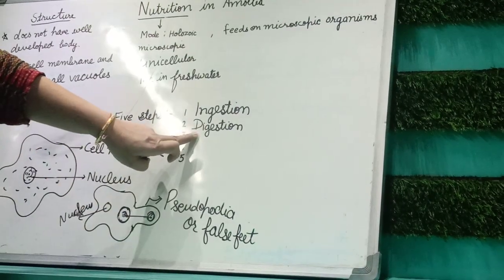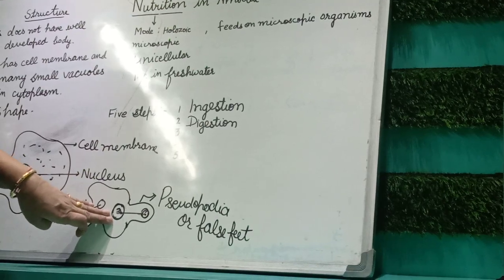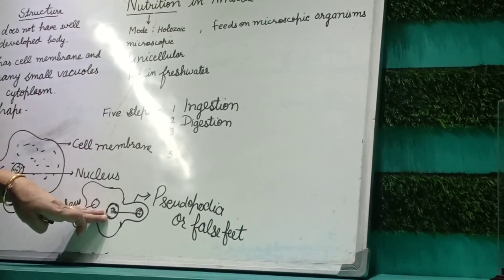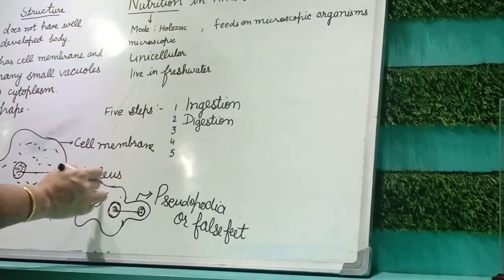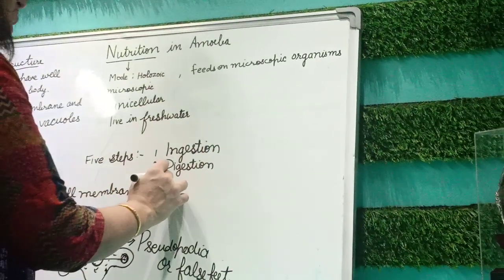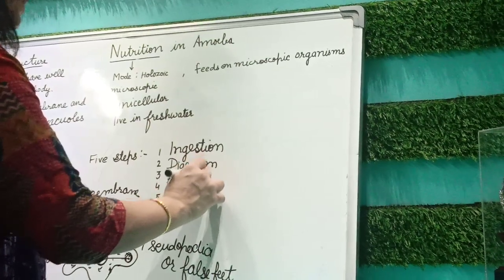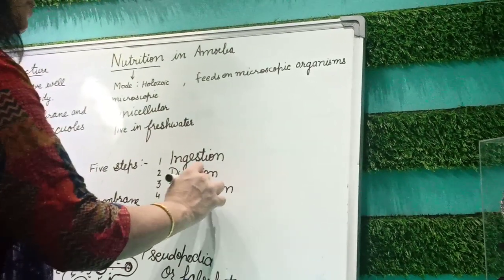This process is known as digestion. Now this simpler form of food gets absorbed by the cytoplasm of the body by the process of diffusion. So this process is known as absorption.